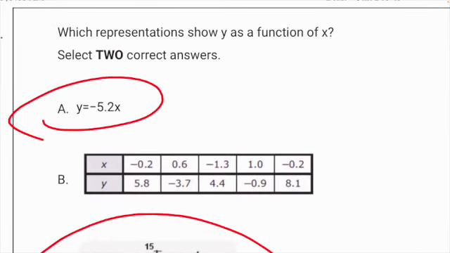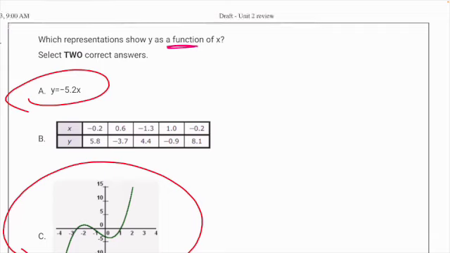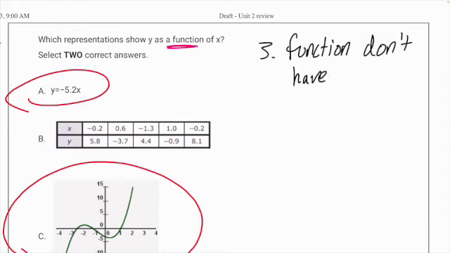So guys, we are looking for 2 functions, which means I need to make sure my x's don't repeat. So let's make a reminder to ourselves what a function is. For number 3 on your blank sheet, let's go ahead and make this note. Functions don't have repeating x's.